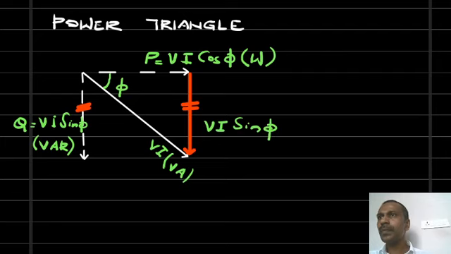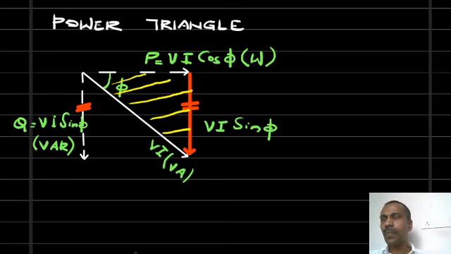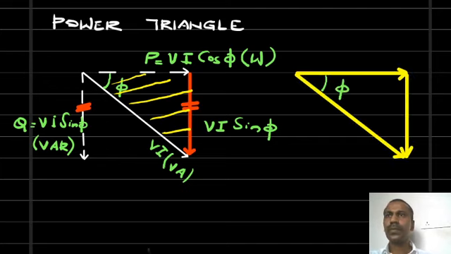Now consider this triangle. Which are the sides of this triangle? The hypotenuse is VI. The other sides are VI cos phi and VI sin phi. This triangle can be redrawn here. What is the hypotenuse? It is VI. This is called apparent power.